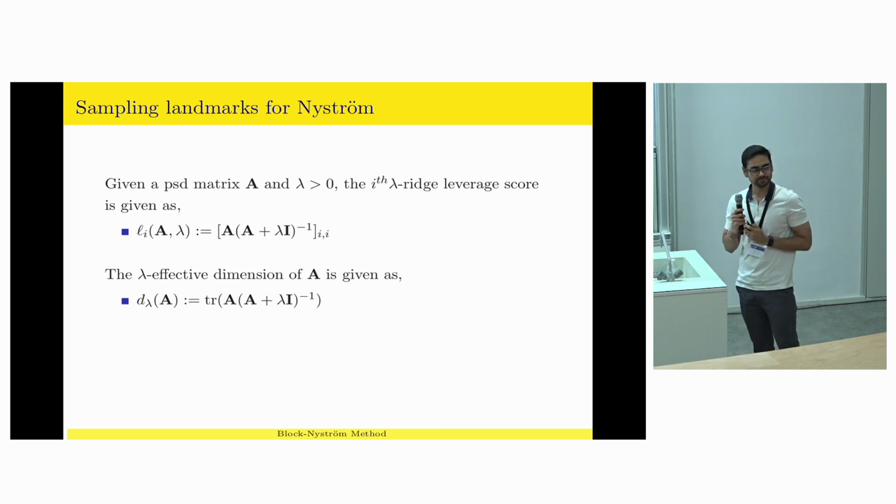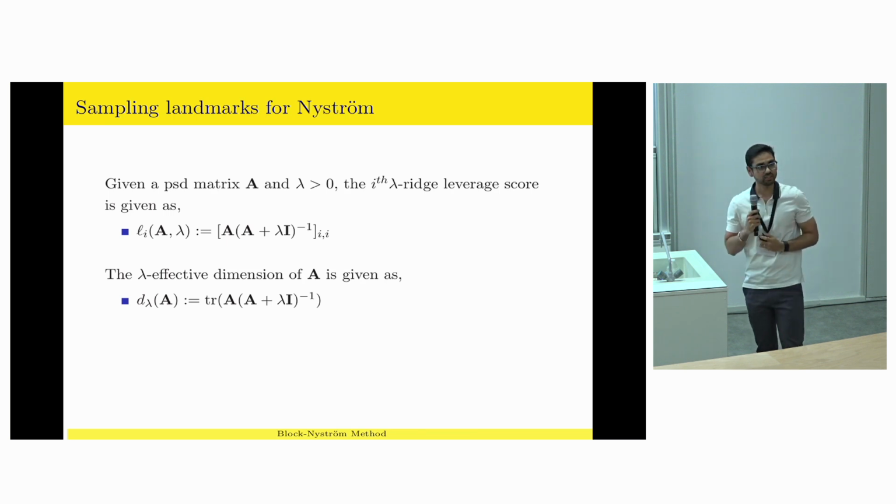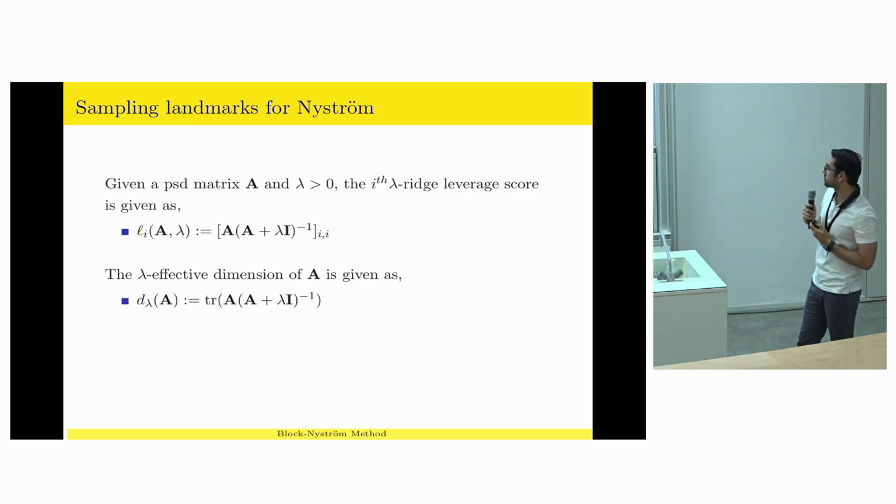So what are they? The ith lambda-ridge leverage score of A is given by the diagonal entry of the matrix A times the inverse of A plus lambda I. Another quantity of interest is what these leverage scores sum up to. The sum of these leverage scores is known as the lambda effective dimension of A.